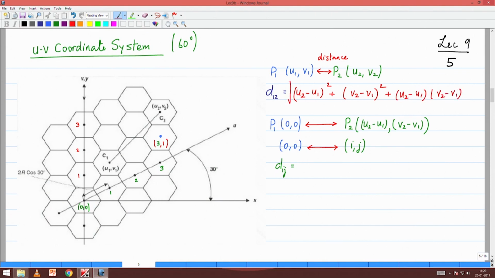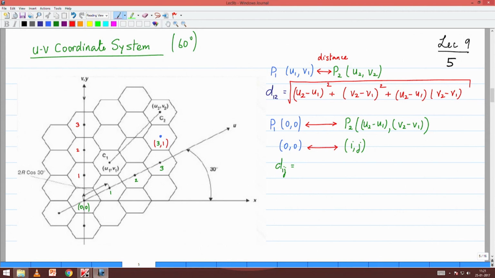Again, if you do a simple geometric look at the distance description, you can confirm that this is what it will come out to be. So in this UV coordinate system, if I give you 2 points, if it were an orthogonal one, you would just take the first 2 terms, but it's at a 60-degree angle. So we would introduce a second term that tells me the distance measure.